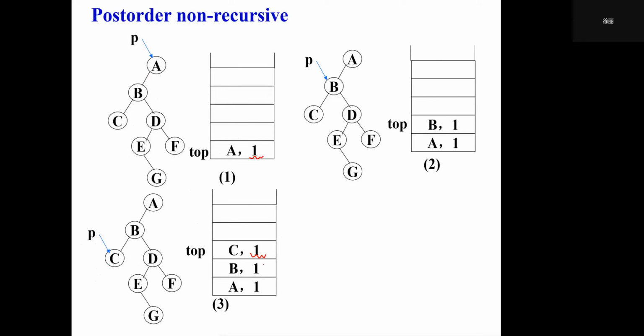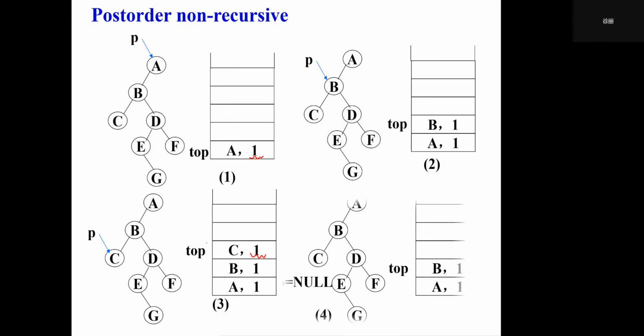So we can't visit C now, right? We need to push C again. So we will pop C1, and if the flag is 1, we push C2, to represent this is the second time we push C, and now we change P to go to the right subtree. Of course the right subtree of C is none, right?